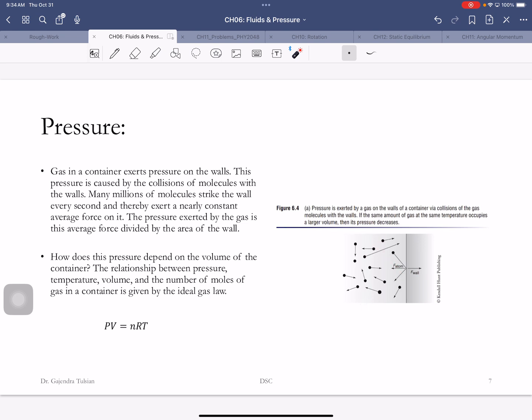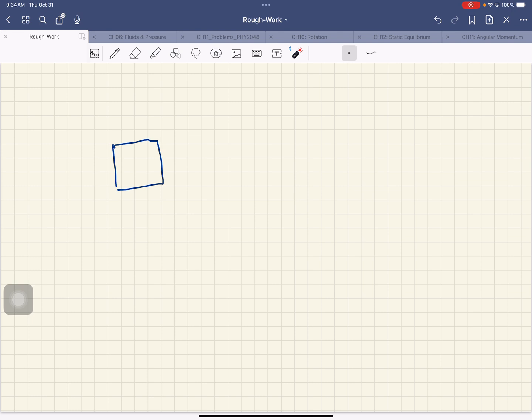When they bounce off the walls, the wall exerts a force on the atoms, and the atom exerts an equal and opposite force on the walls. There are billions and billions of molecules bouncing off the walls, and the molecules bouncing off this square inch exert a force of 15 pounds.